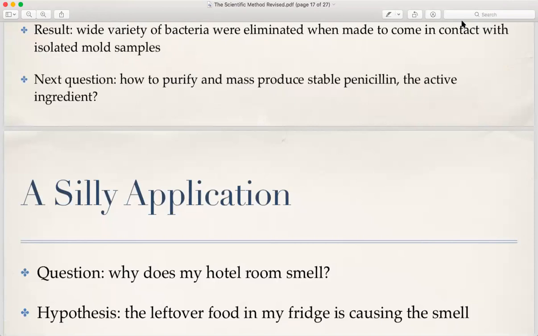Like, how could you test this? Right. One way would just be to open my microwave and smell, or open the fridge and smell. But think about ways in which you can eliminate as many.